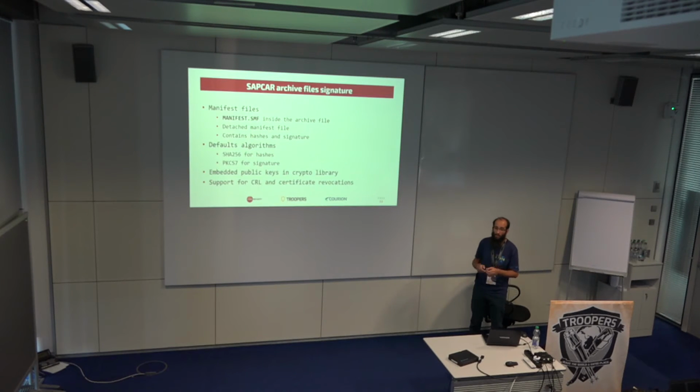If at some point one SAP certificate for signing files gets compromised, they can publish a list saying that particular certificate is no longer valid, and the clients checking the authenticity of those files will reject them and say that the file was signed using a revoked certificate. That's a really important and good feature to have in this tool.